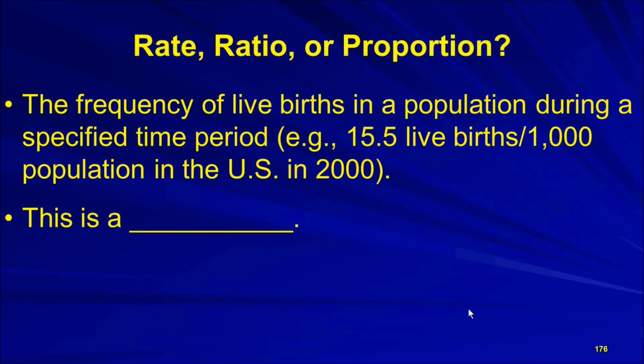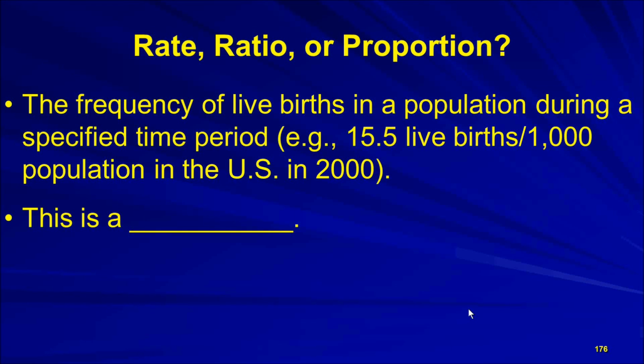15.5 live births per 1,000 population in the U.S. in 2000. Okay, now think about this. This is the frequency of live births in a population during a specified time period, and we have a constant that is 10 to the nth.